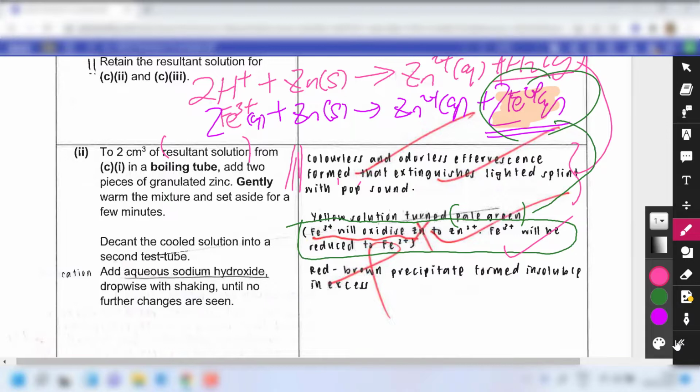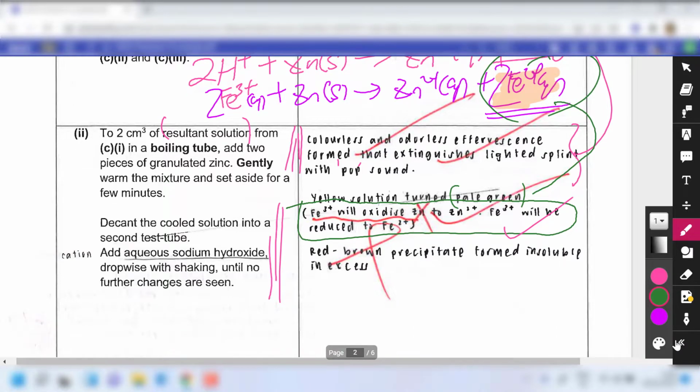It shouldn't be a mixture of iron 2 and iron 3 when you test, because you're going to get a very messy mixture. Once you are clear about this, then you should be observing dirty green ppt, insoluble in excess. Just take note of this.